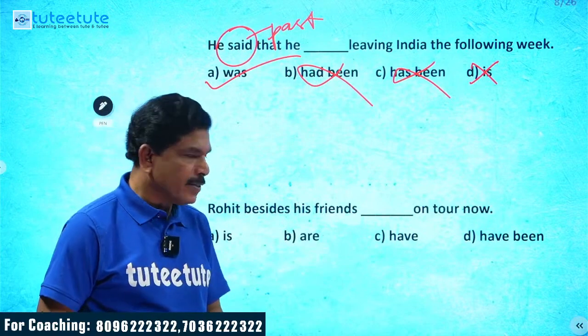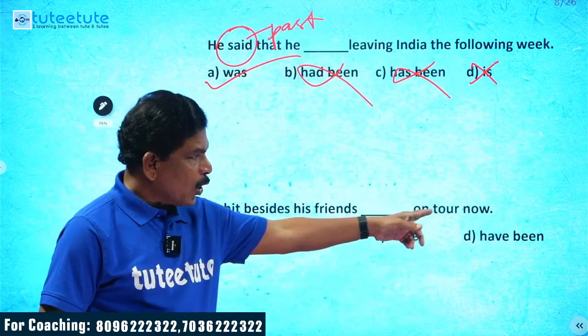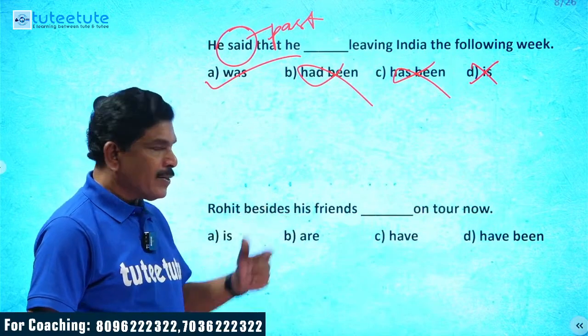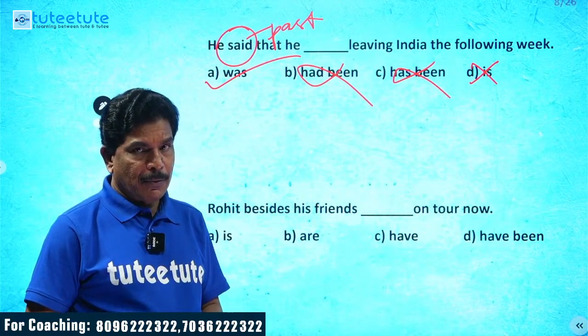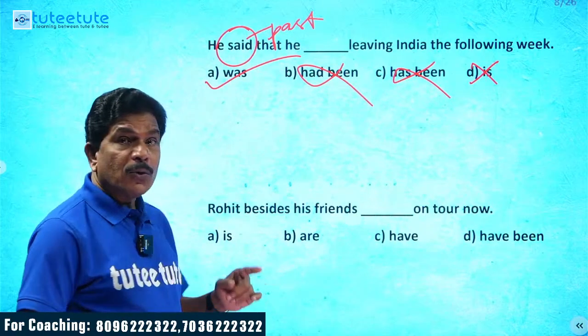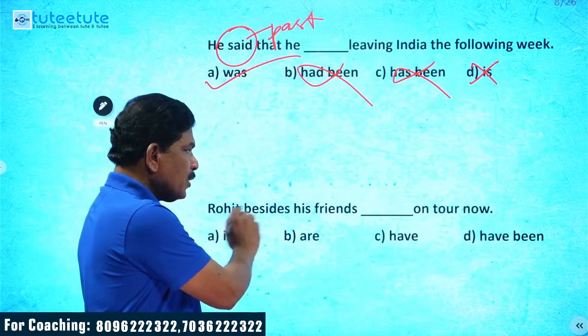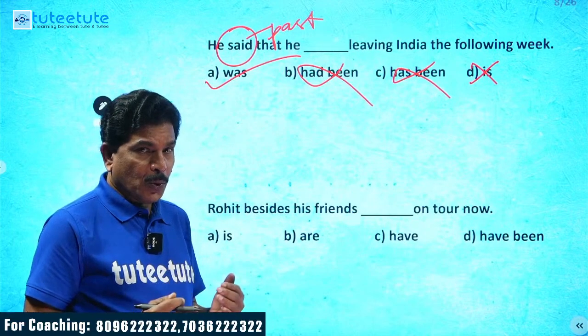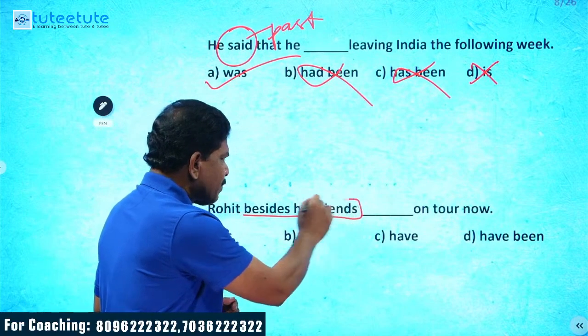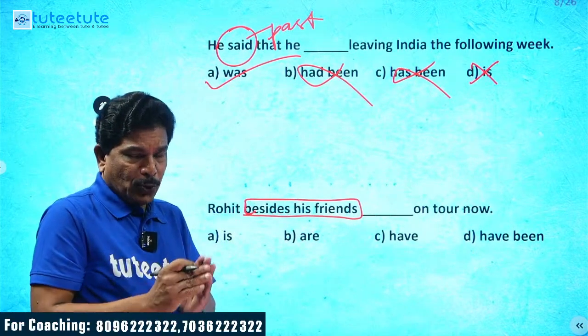Then, Rohit, besides his friends, dash on tour now. Rohit, besides his friends, who is the actual subject? The focus falls on which? Rohit or his friends? It is besides his friends, in addition to his friends.